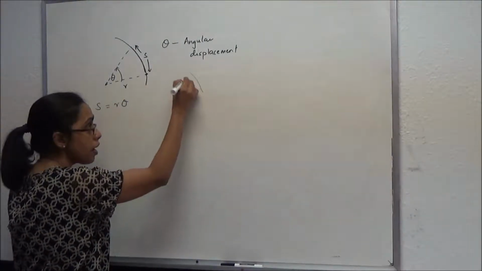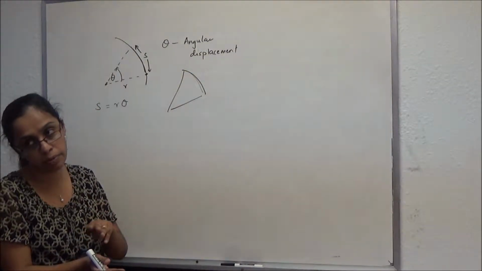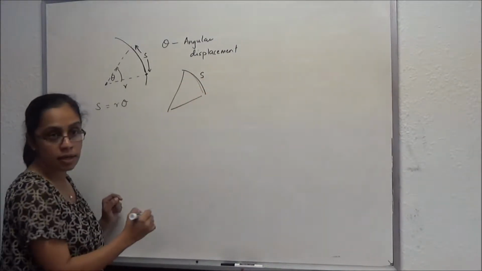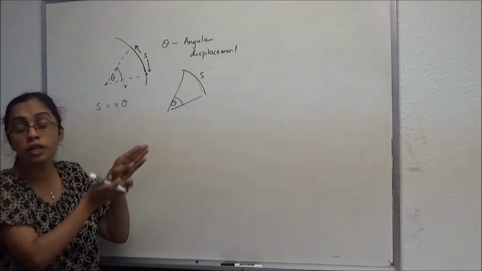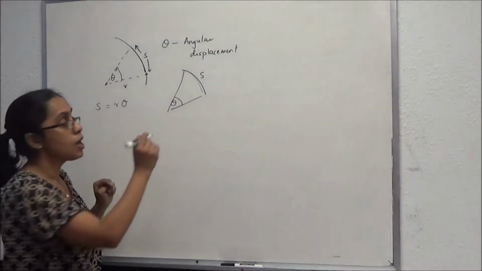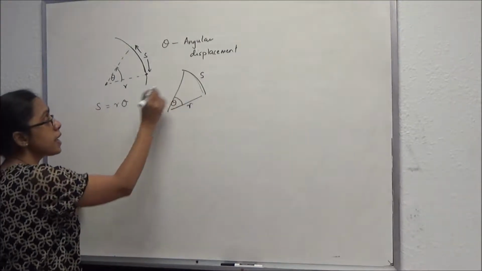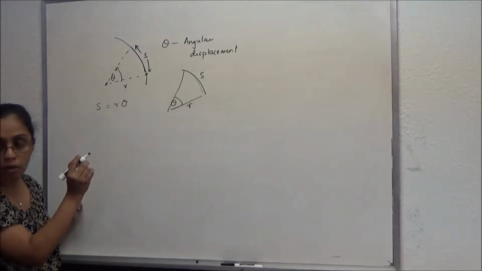You should have done this in math. If the length of this arc is s, and the angle that it forms at the center is theta, bound by radius r, s can be written as r theta. Do you understand that?